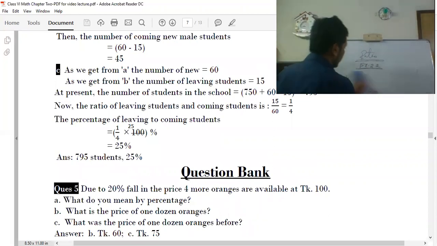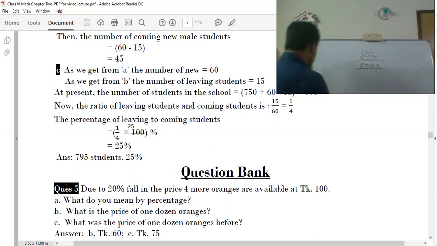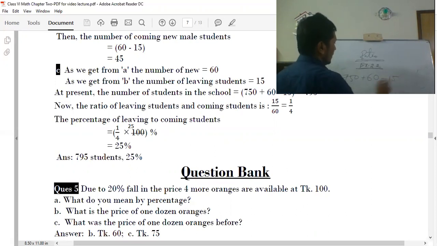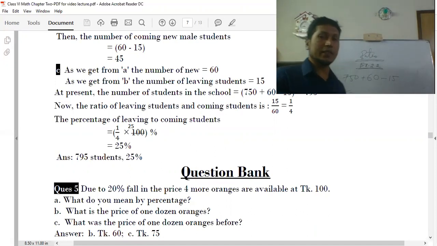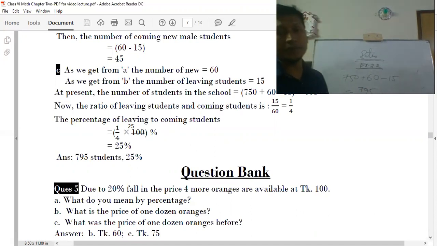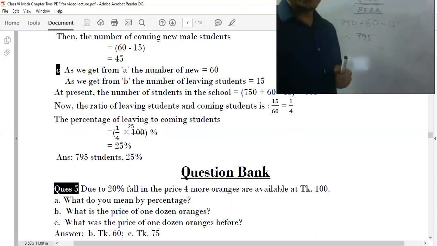Because the total students were 750 at the beginning of the year, and 60 students have come to the school and 15 students left the school. So this will give the present students number, that is 795. 795 will give the number of present students.